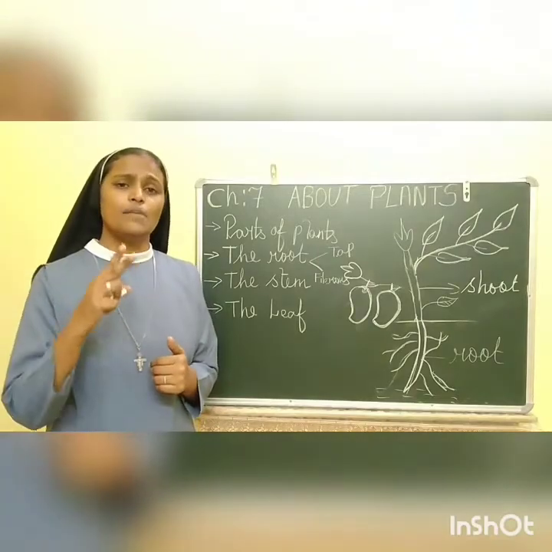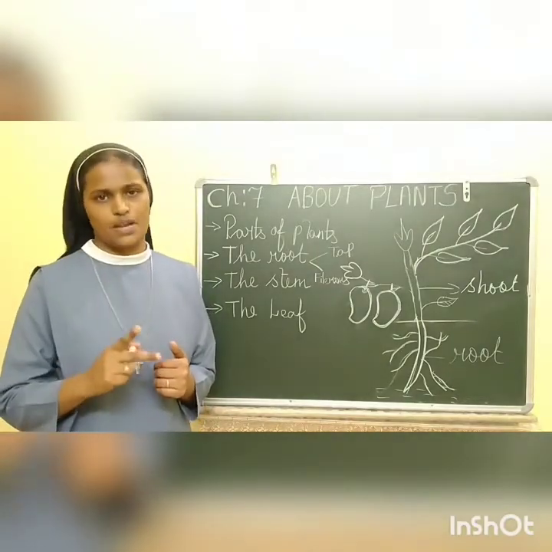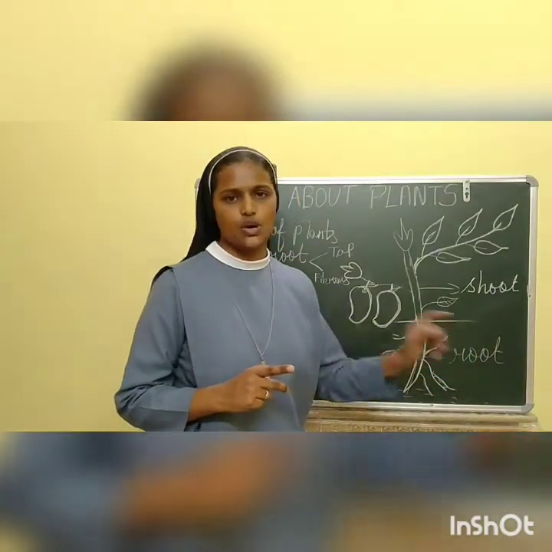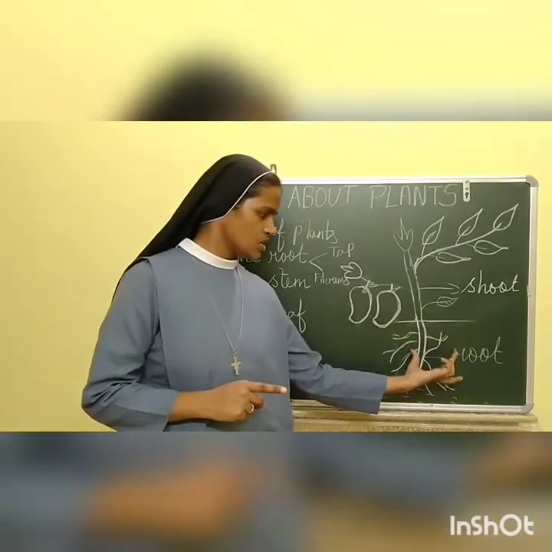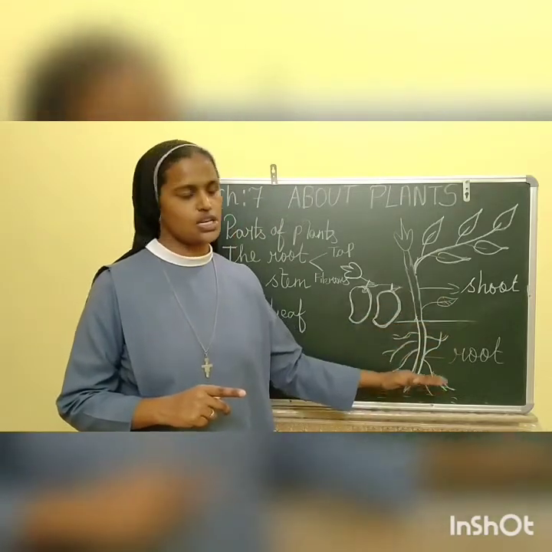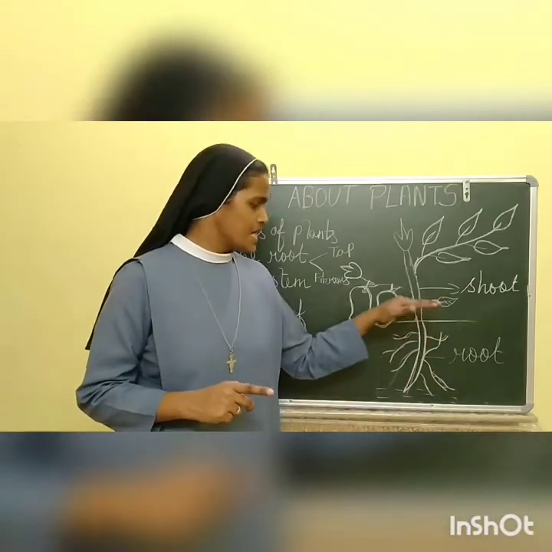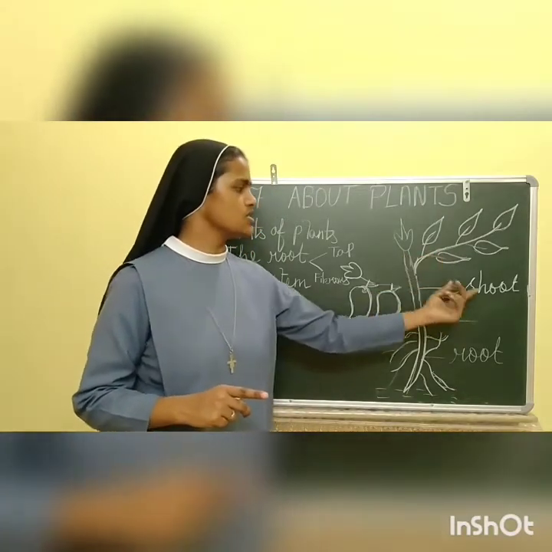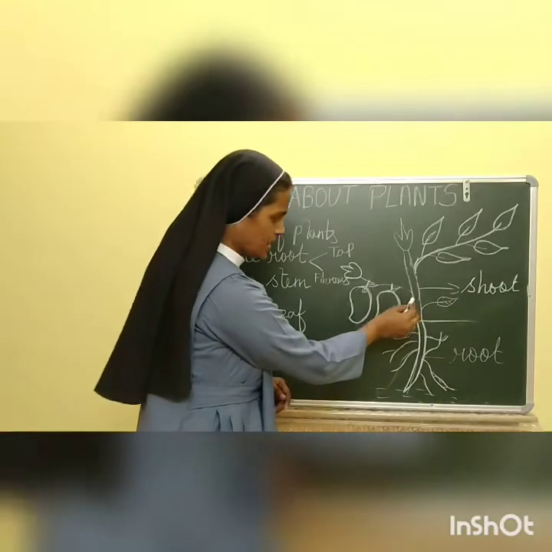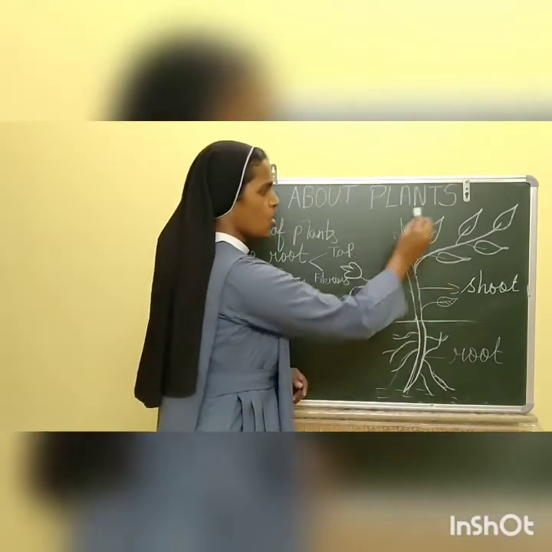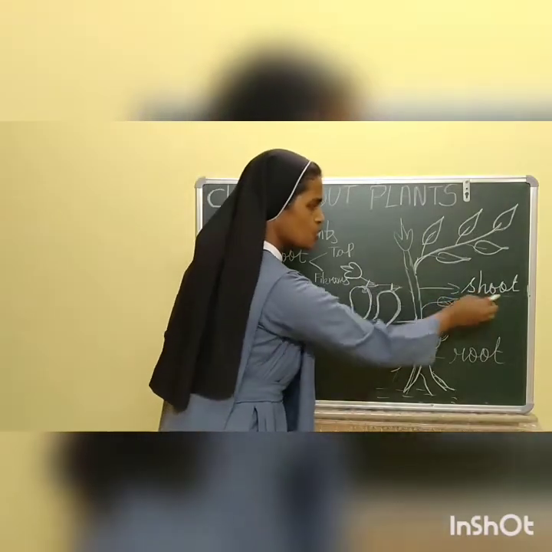There are mainly two parts of plants. The first one is shoot, the next one is root. The part which is present below the ground is known as root. The part which is above the ground is known as shoot. The stem, leaf, branch, fruit, and flowers all form the shoot.